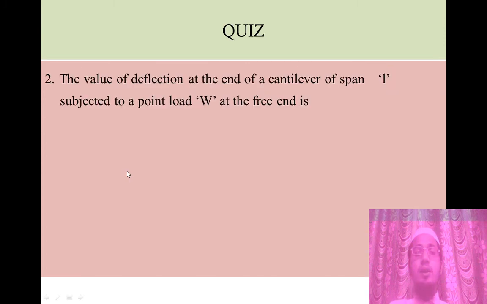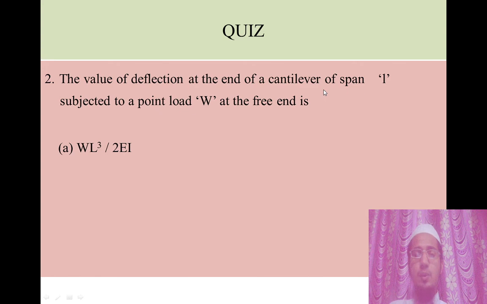Second question, the value of deflection at the end of cantilever of span L subjected to point load W at free end is. What is asked? Value of deflection at the end of cantilever span. Okay, so you can answer it now.